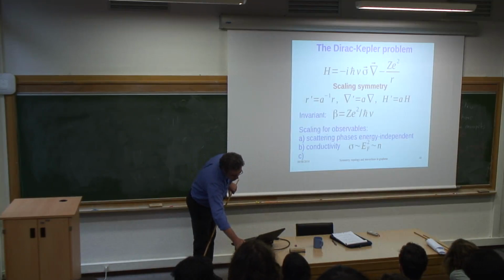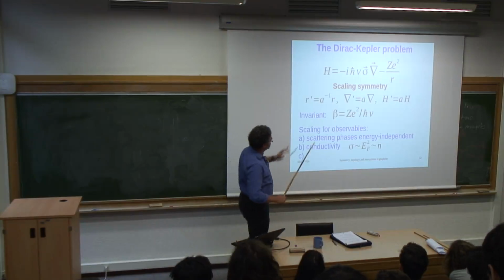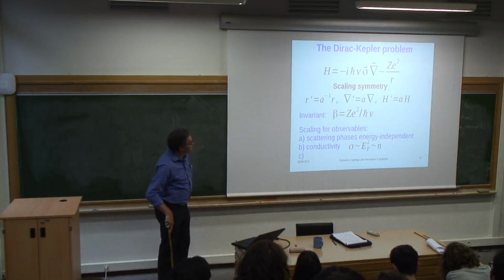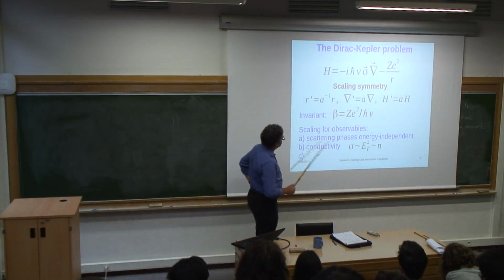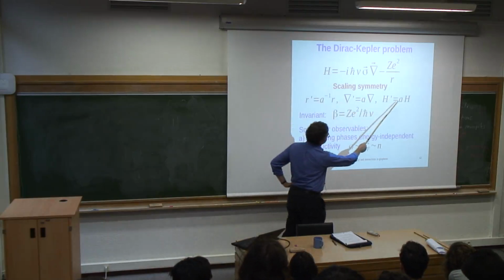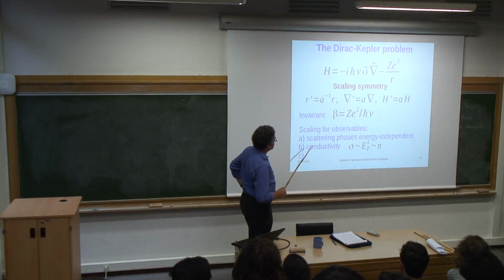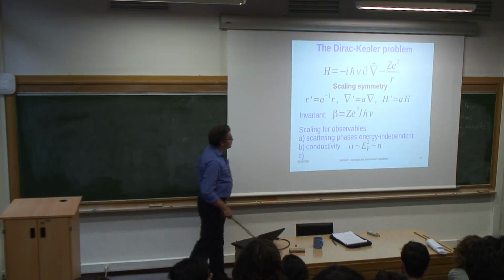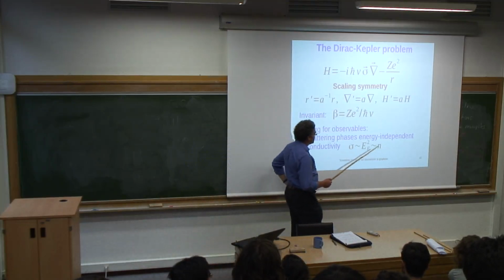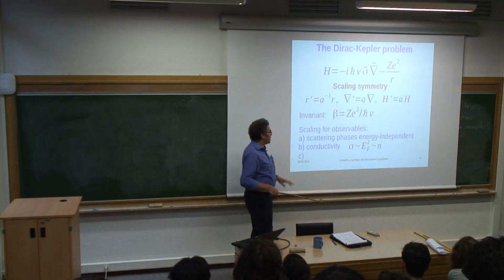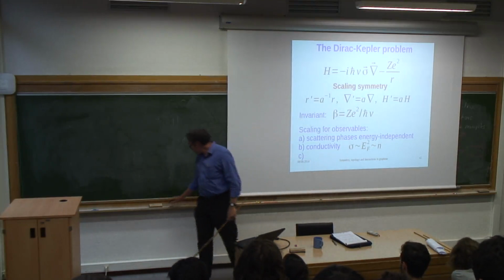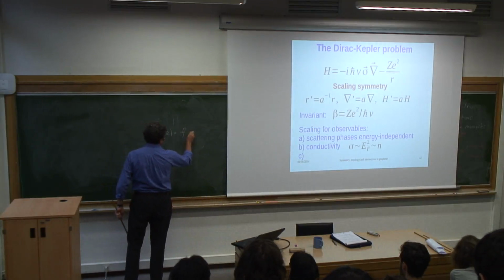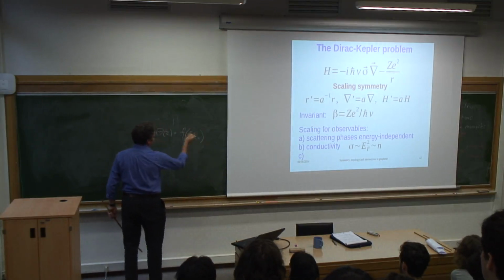And well, of course, if it's an exact symmetry, you can draw conclusions from it the same way as when we prove Pythagoras theorem. You can say that there's no energy scale you can construct because of the scale invariance, and because of that, there cannot be any energy dependence in any dimensionless observable, like scattering phase, which is dimensionless, can't depend on energy, because it could only depend on energy via some function of energy divided by units of energy.